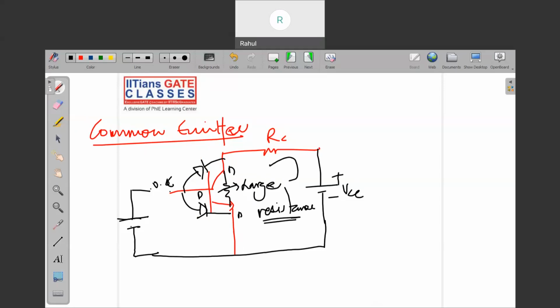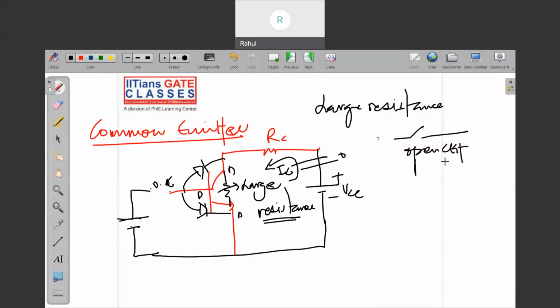Then the current flowing through the collector terminal, IC, will be 0, right? In case of cutoff, remember, large resistance here means an open circuit.